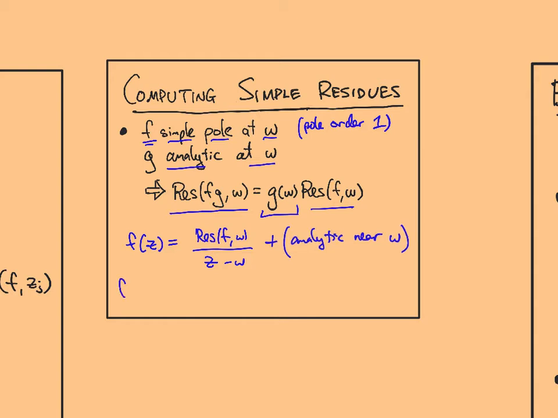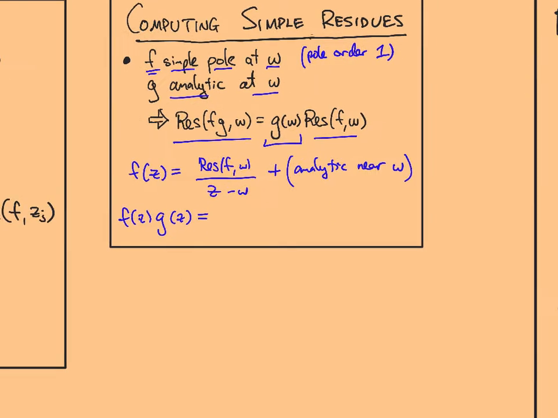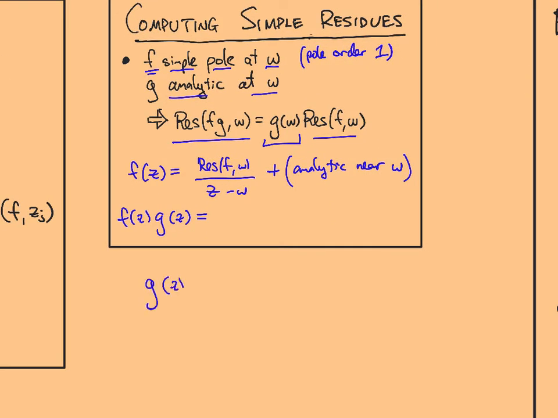And when I do f times g, maybe it helps to write out g near w. I'll have g of w, plus higher order terms, so it'll be like g prime of w times z minus w, and so on.